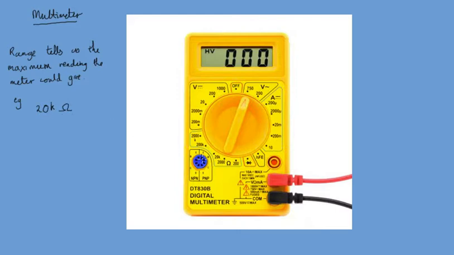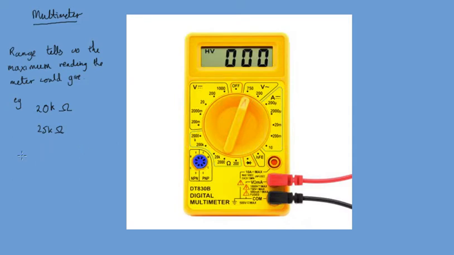You would go to the 20 kilo, because that's the maximum reading that this part can do, 20 kilo ohms. But say you have 25 kilo ohms, you would go up to the next one, which should be the 200 kilo ohm mark, to be able to read the resistance.